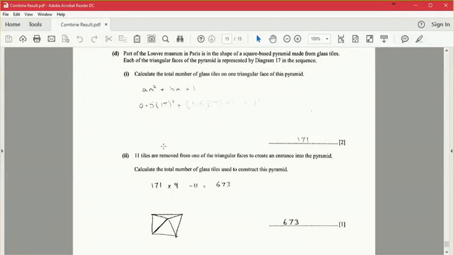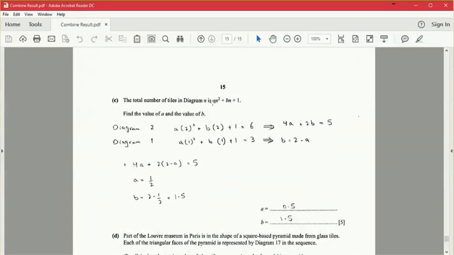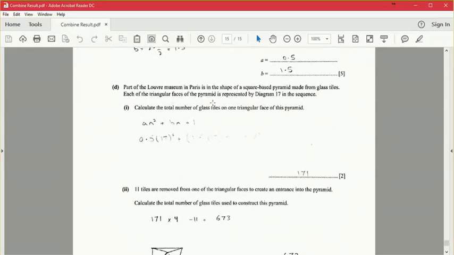So he wants us to calculate the total number of glass tiles on the triangular faces of the pyramid. We'll use the equation for the number of glass tiles, which is n square plus bn plus 1. We'll use n as 17 because it is for diagram 17. Here 0.5 times 17 square plus 1.5 times 17 plus 1 equals 171. Here is the answer.